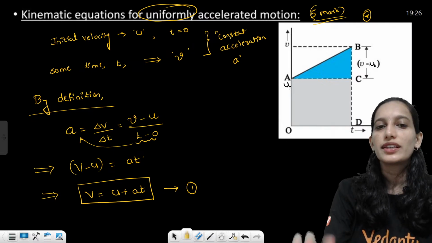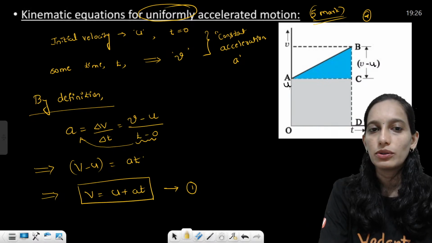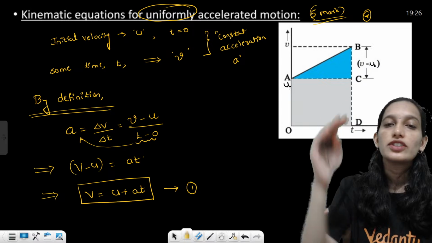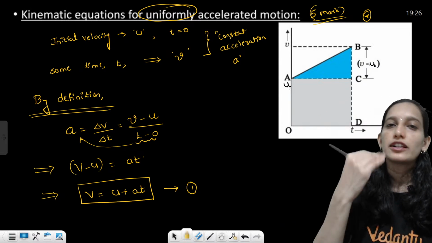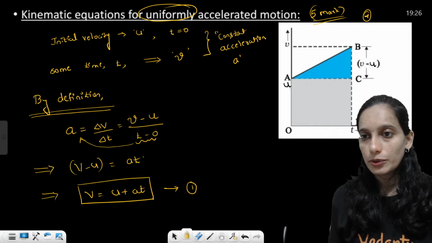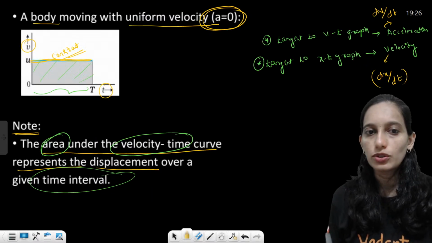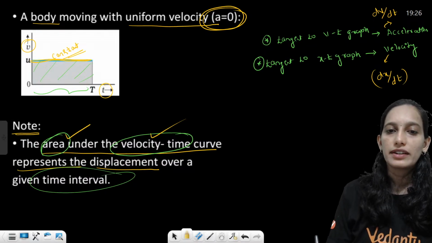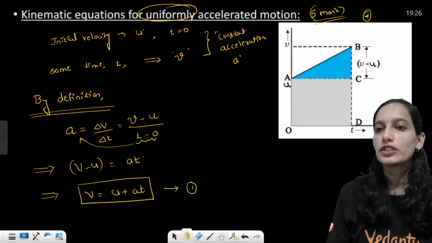So we derived one equation, just two steps. By considering the definition of acceleration, change in velocity by change in time, and substituting the corresponding values, you get one equation. Next, from the previous note, if I calculate the area under the velocity-time graph, I get the displacement of this particle. Correct?